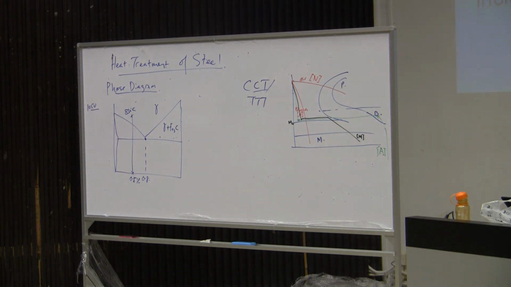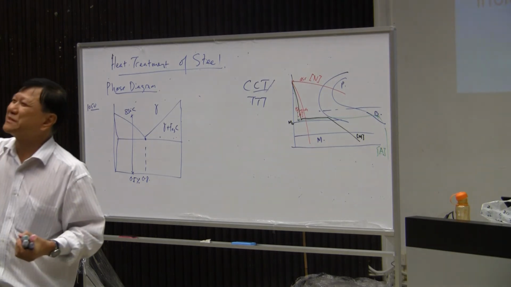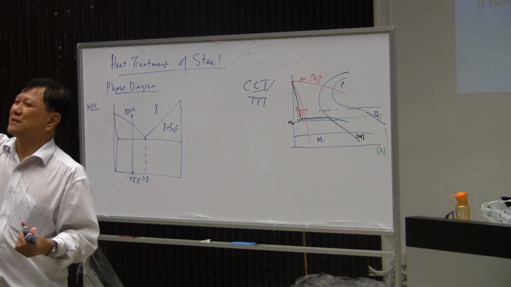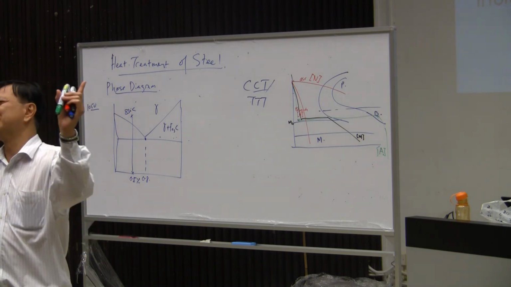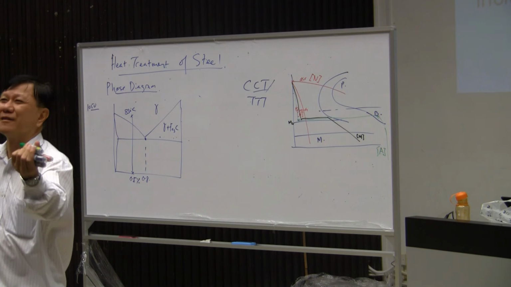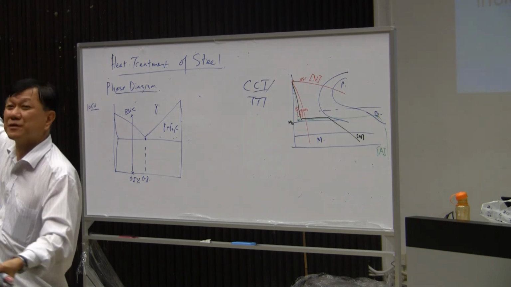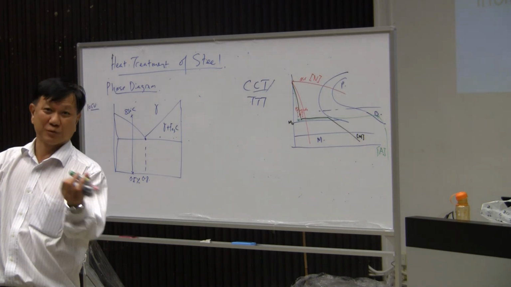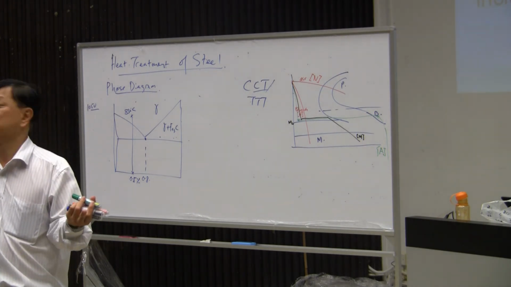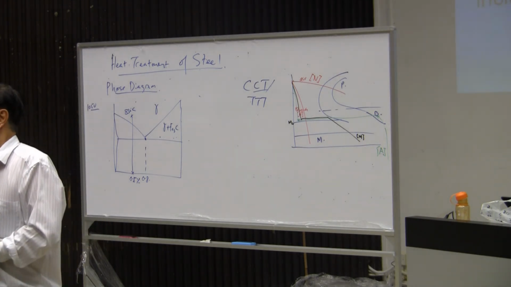Okay? This is theory. Don't get carried away. Because in practice, if you know what type of steel you are using, the information is available. You don't even have to refer to this diagram. It tells you what temperature, what to use, and for how long, all these things. Are you clear now?